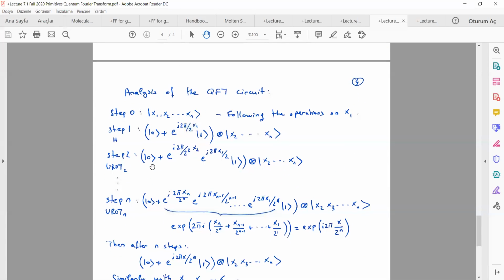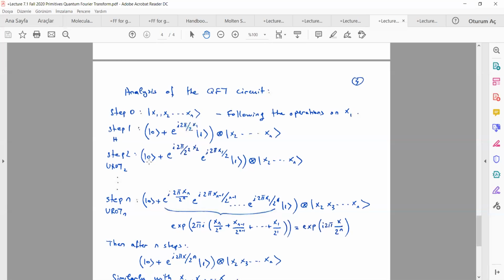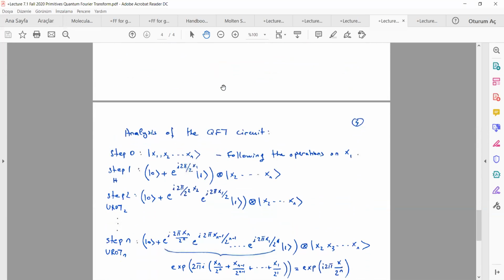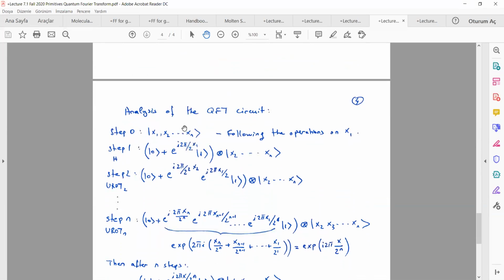And then in step 2, I apply the controlled unitary rotation, and this is this part of the circuit. Now I have applied the Hadamard to the first qubit, and I'm applying controlled U_R2. Controlled U_R2 applies this phase only when x2 equals 1.